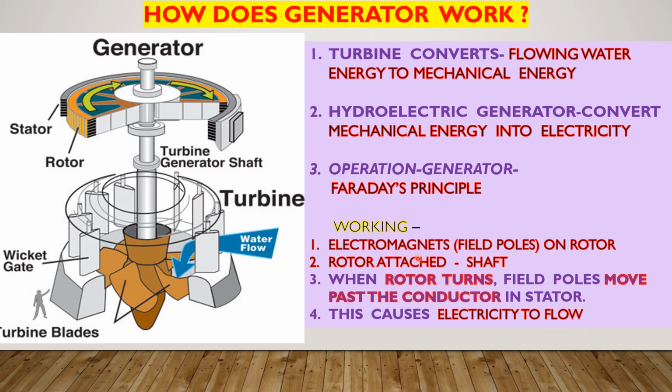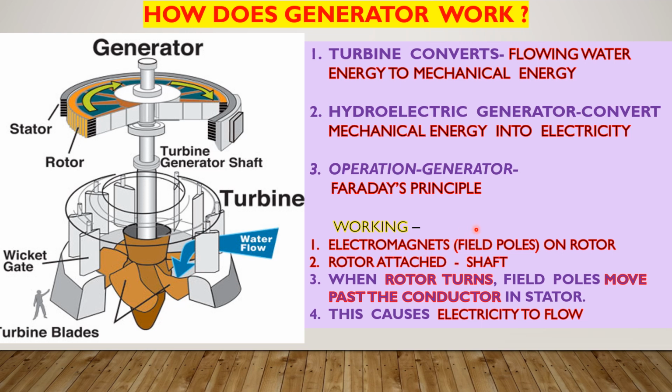So let's go through the literature. Electromagnets, that is on the rotor, and rotor is attached to the shaft. When the rotor turns, field poles move past the conductor in stator. Remember, stator contains the conductor and rotor contains the electromagnets. For simplicity's sake, you can take up magnets.